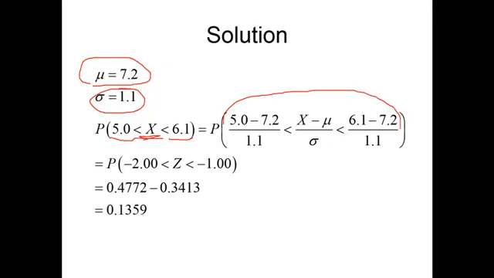Take the z-score of our event, and our z is between -2 and -1. This is a thin event, because 0 is not between the two, and so we subtract. The table lookup for 2 is 0.472. The table lookup for 1 is 0.3413. You do the math and you get a probability of 0.1359.